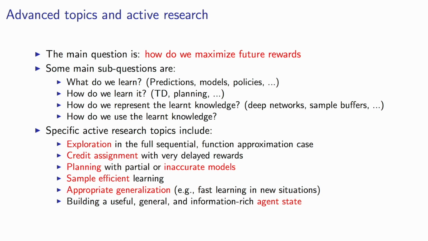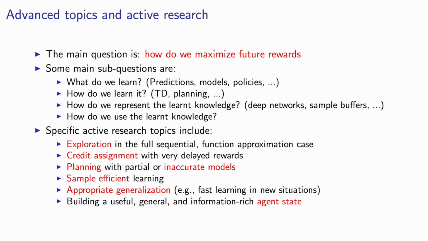Another topic is credit assignment, which maybe is intuitive, where you can have problems in which it takes a very long time before you actually see the outcome of an action. You might take an action that leads you into a certain corridor, but only way, way further do you actually get the reward of going there. And how do you then correctly assign the credit for that decision of going left or right all the way back through time to that specific situation?